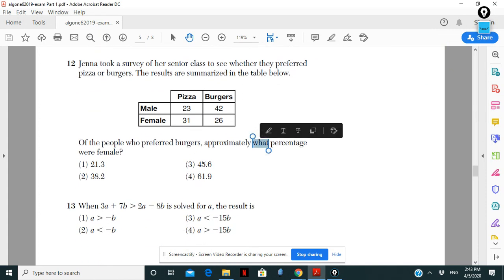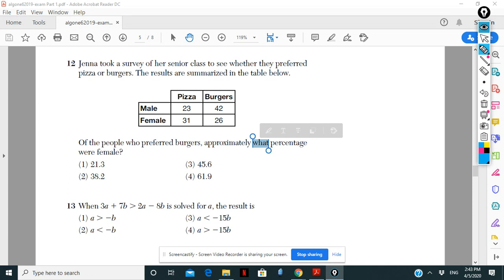Question number 12. Okay. In question number 12, he said, Gina took a survey of her senior class to see whether they preferred pizza or hamburger, and the result was like that. Of the people who preferred burgers, so he's talking about this category, I'm going to add the total, and that's 68.